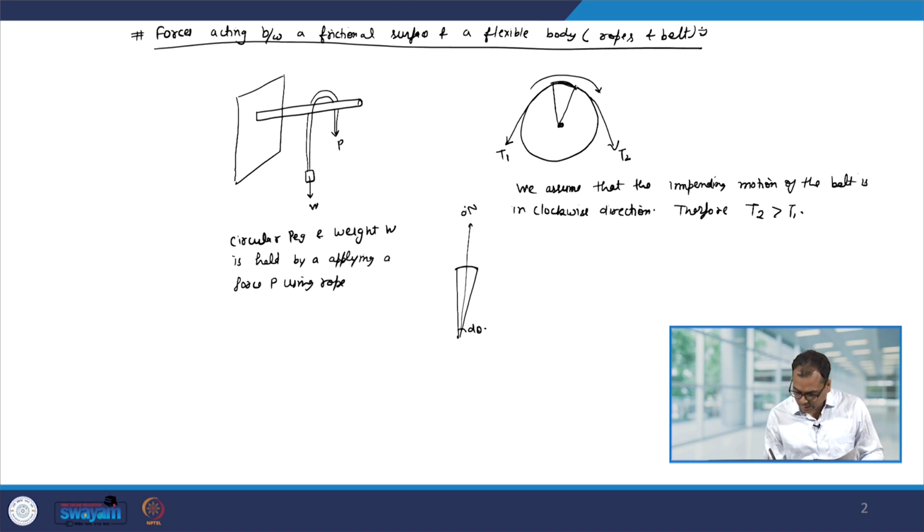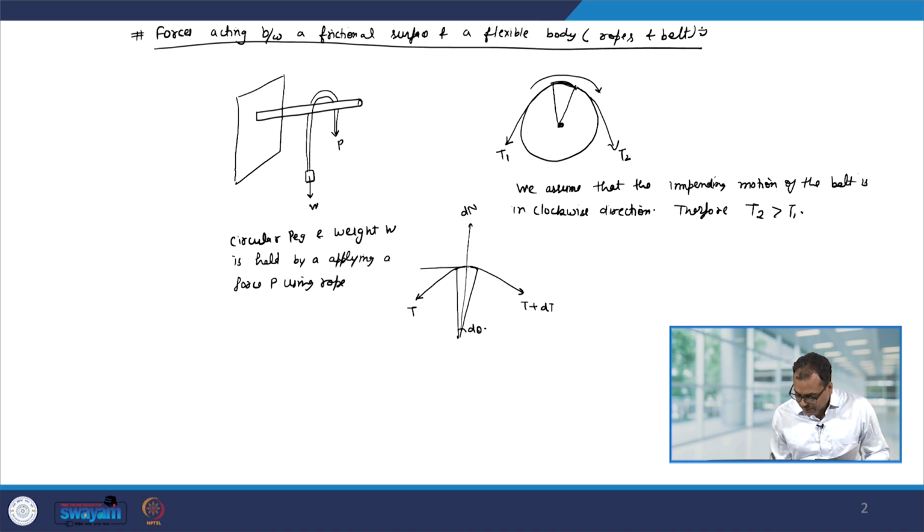Since it is d theta, let us call it dN, and in this direction let us say the tension is T, and in this direction the tension will be T plus dT, because we have assumed that T2 is larger than T1.